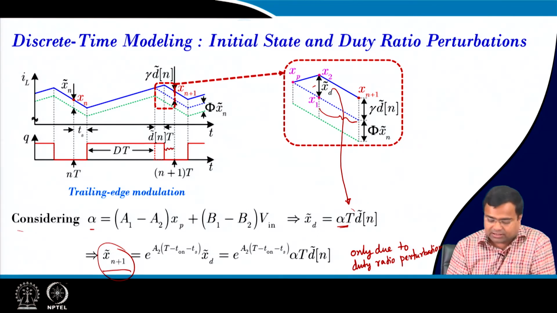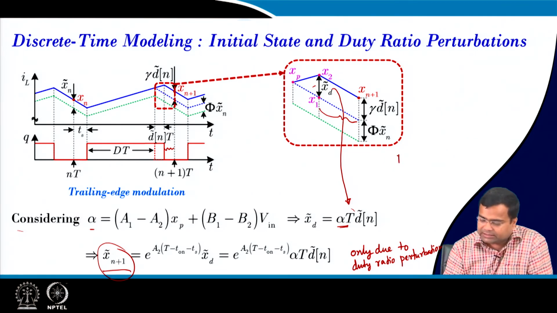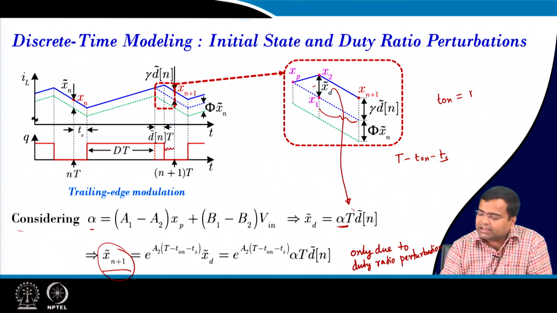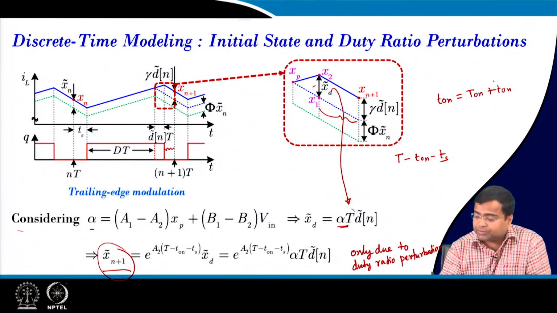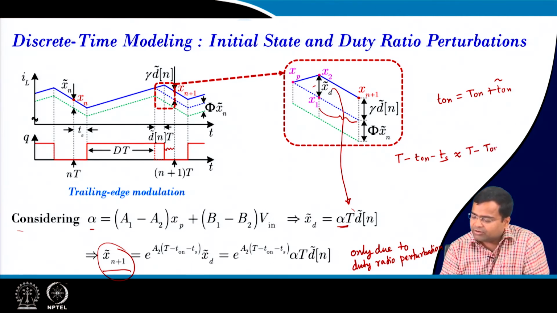So, this duration is nothing but T minus T1 minus Ts, where T1 is capital T1 plus T1 perturbation, which is the duty ratio perturbation, and in this case it is approximately taken as T minus T1 minus Ts.